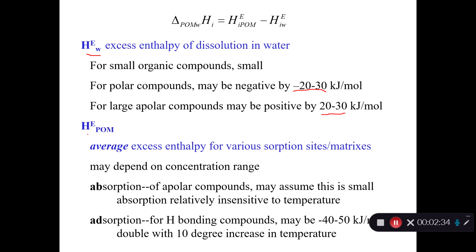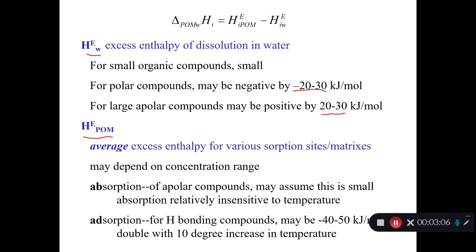And we can imagine that the energy required to dissolve the chemical in the particulate organic matter is quite low, right? Because generally we're dealing with nonpolar chemicals that are happy to be in the nonpolar organic matter. Now we know in this case that the particulate organic matter is quite heterogeneous. It's got a lot of different types of sites, different types of organic matter. So this would just be the average excess enthalpy to absorb the chemical onto various different types of sites or matrices.